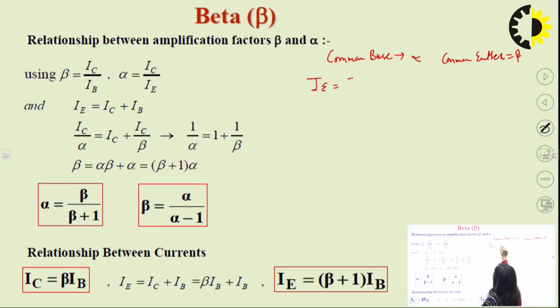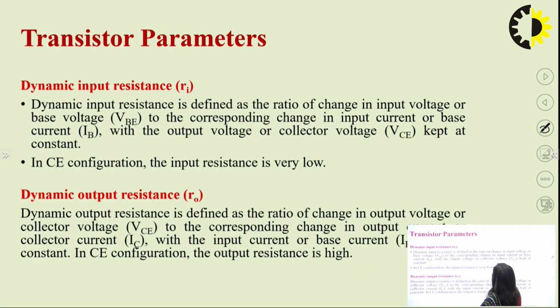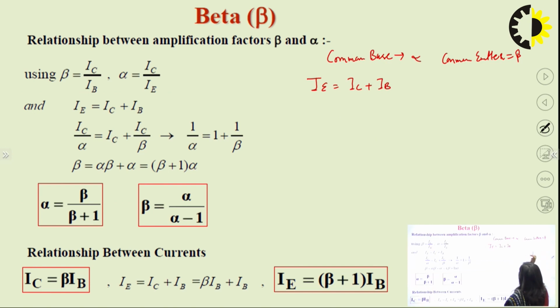We can divide this equation by IC on both sides. So we will have IE upon IC, which is 1 upon alpha, equal to 1 plus 1 upon beta.